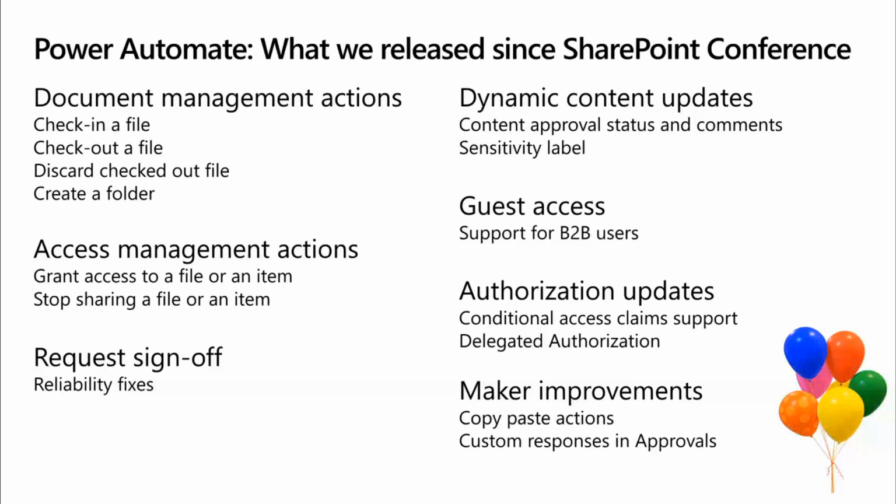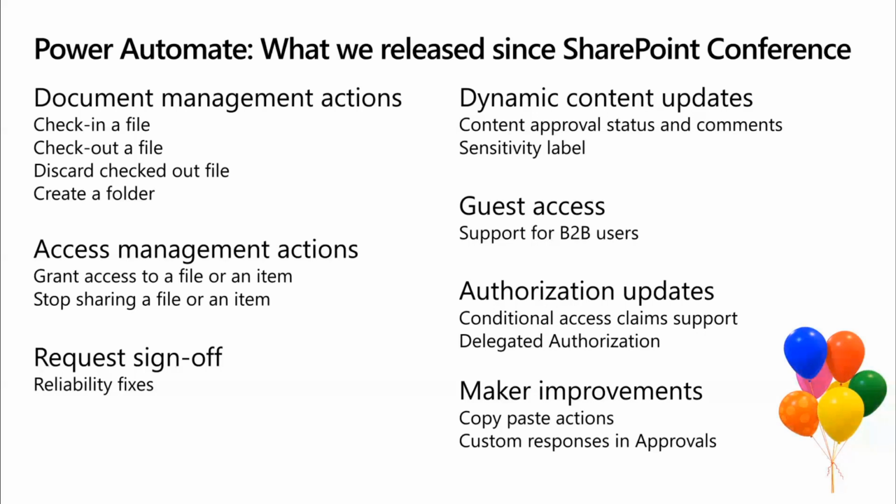There would be a separate action to say get SharePoint group identity or something like that. Request sign-off, we did a ton of reliability fixes, especially if you require approval and you open the document. Now it won't affect that error that you are getting that, hey, we couldn't really complete the process, but the document is approved kind of message. So we fixed that issue for request sign-off.